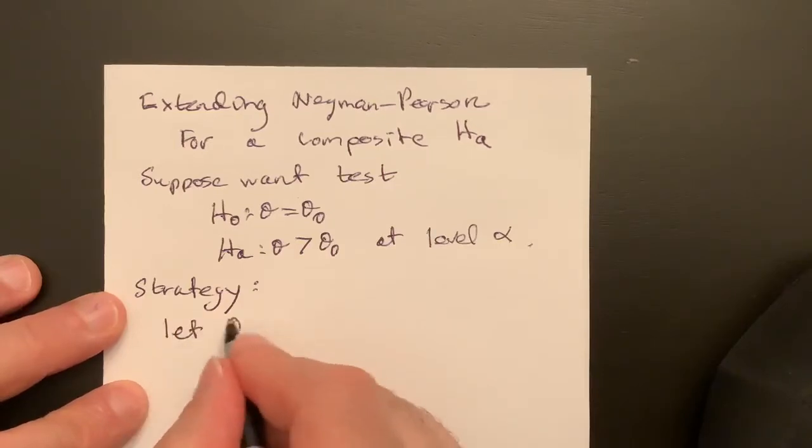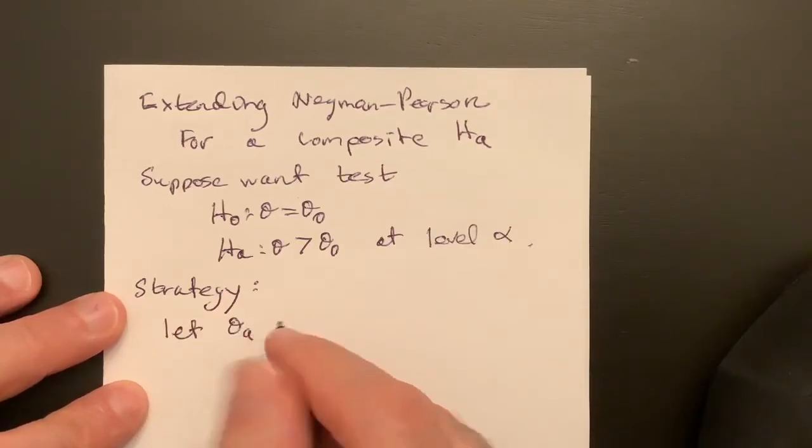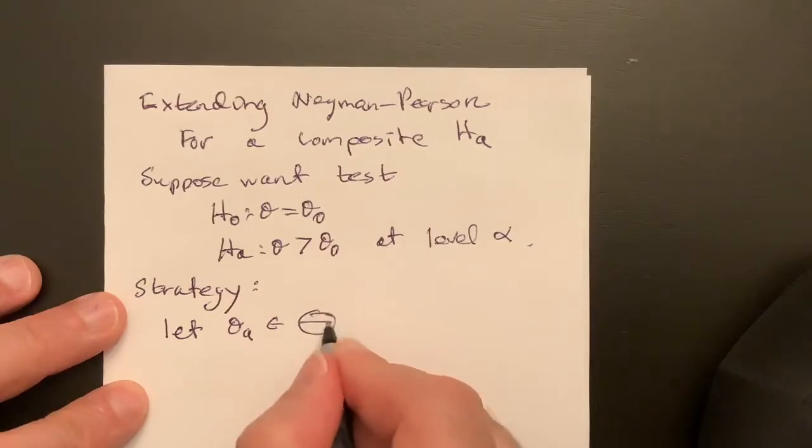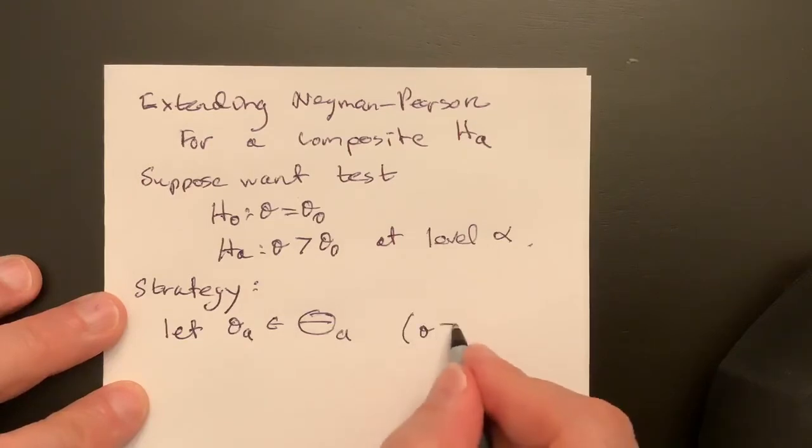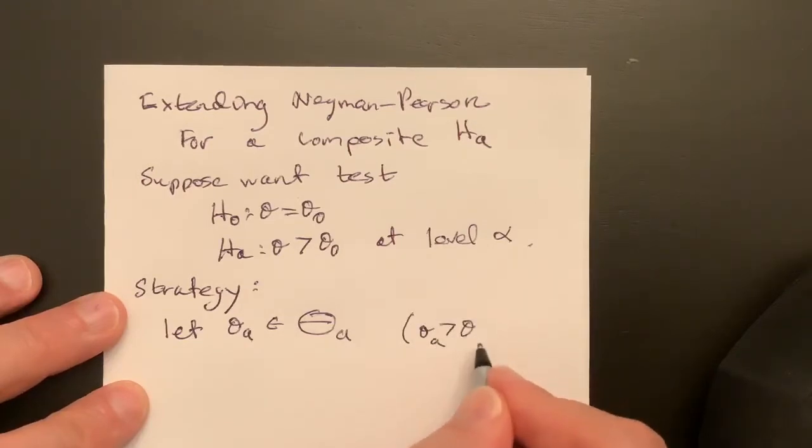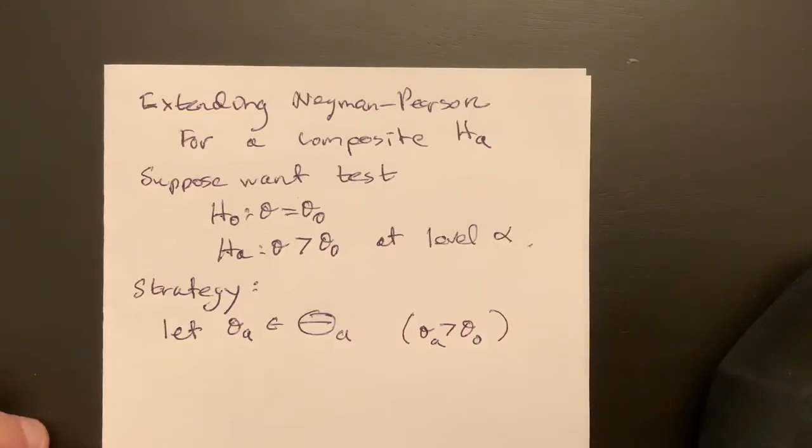Let theta A be in theta, in the alternate, in HA. So in this case, theta A is greater than theta 0 in this example.